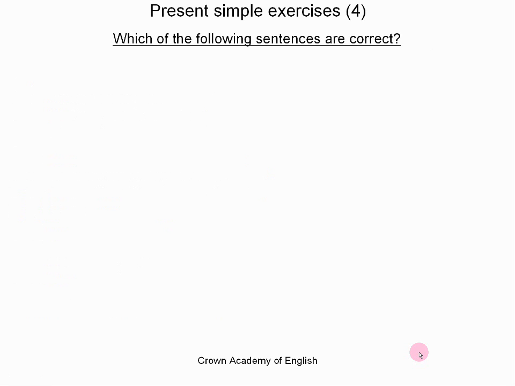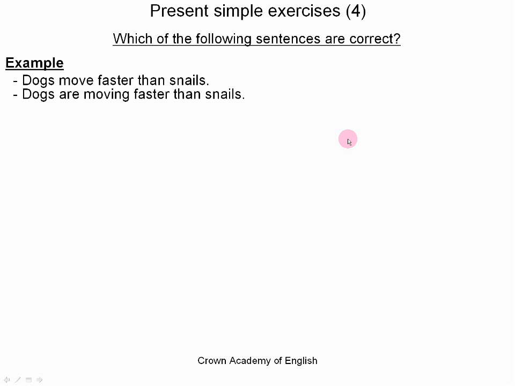Final exercise. I'm going to give you two sets of sentences, and one of them is right and one of them is wrong. You have to tell me which one is right and which one is wrong. For example, the first sentence is, dogs move faster than snails, or dogs are moving faster than snails.